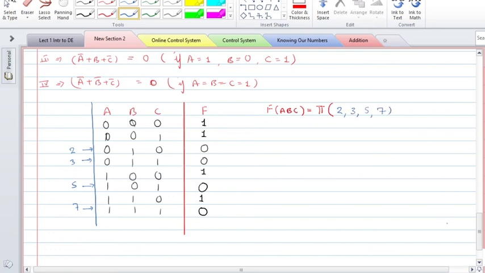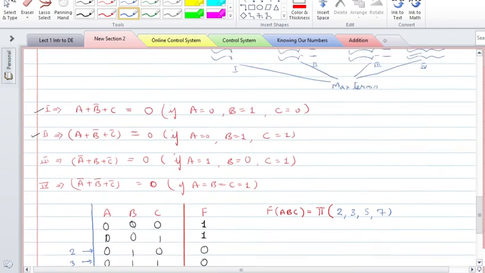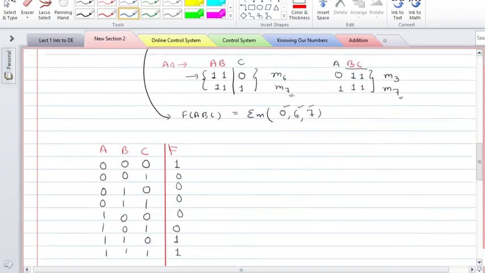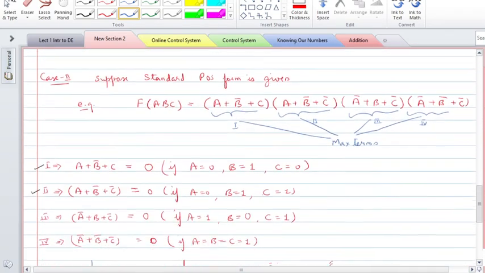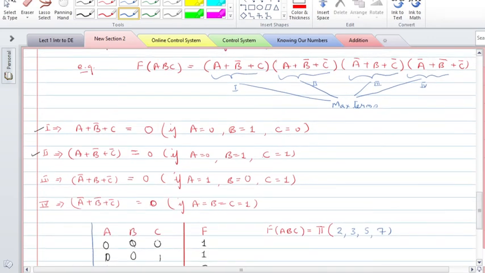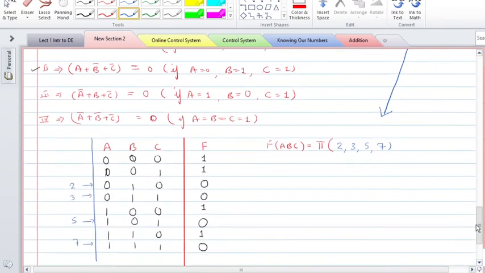Okay, and this is the same function which is represented above, that is this one. You can also represent it like this.